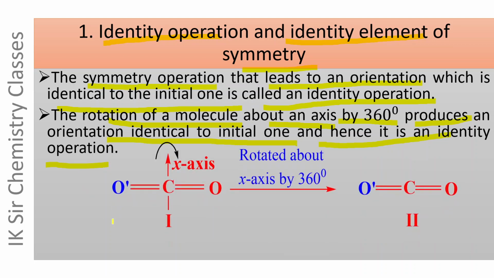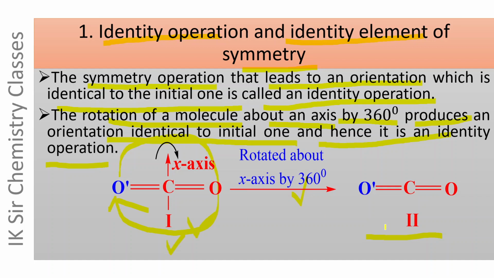Let us see the case of CO2 molecule. This is the x-axis and this molecule is rotated about x-axis by 360 degrees. As a result of this rotation, this blue colored oxygen atom comes to the initial position and the orientation 2 obtained in this way is identical to the initial orientation 1.